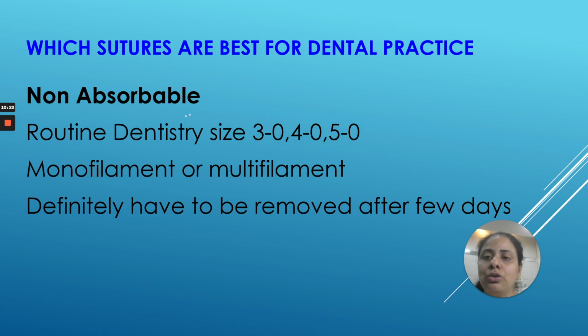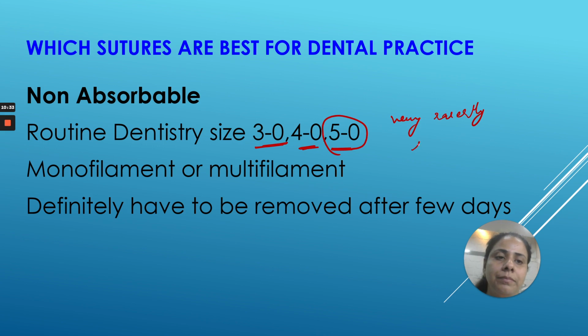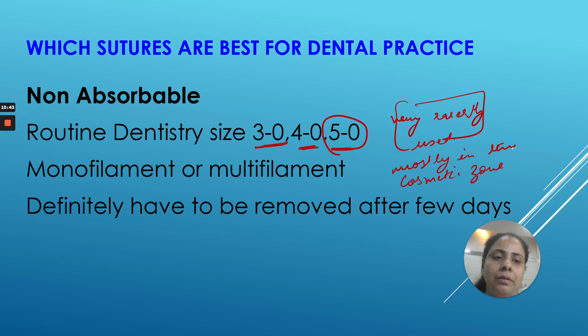You can also use non-absorbable sutures. Routine sizes that we use are 3-0, 4-0 and 5-0. 5-0 sutures are very rarely used, mostly in the cosmetic zone, upper anteriors.